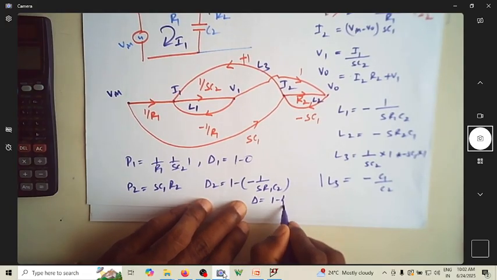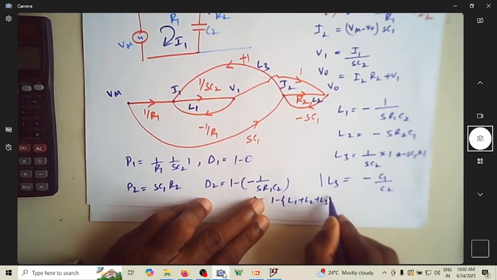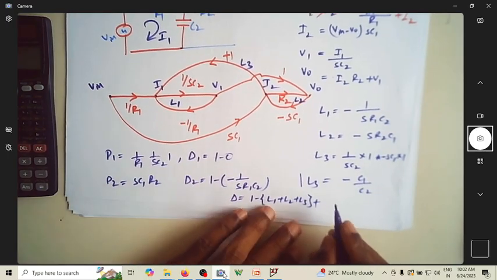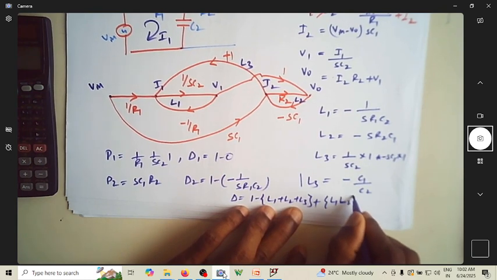1 minus L1 plus L2 plus L3 plus the non-touching loops, which are L1 L2.